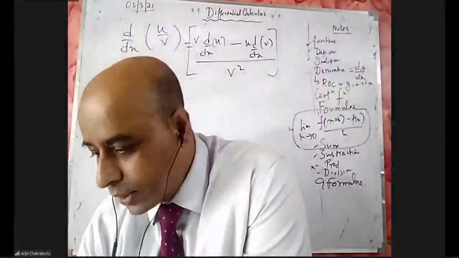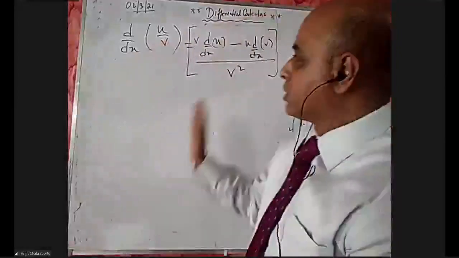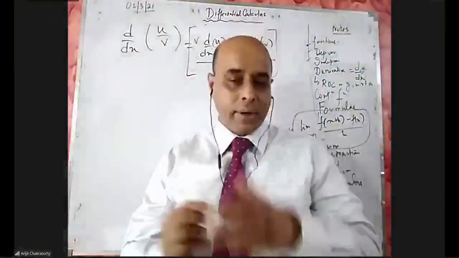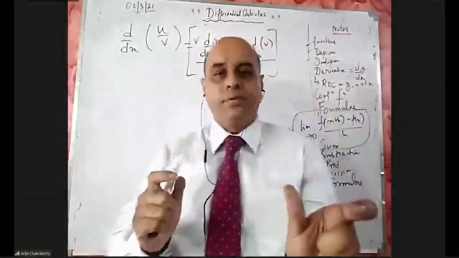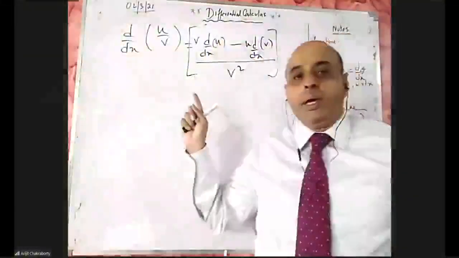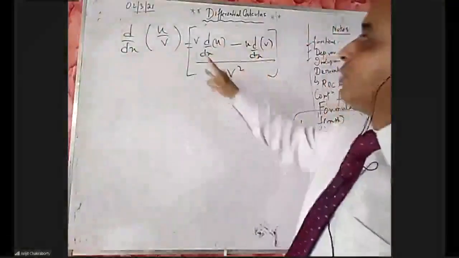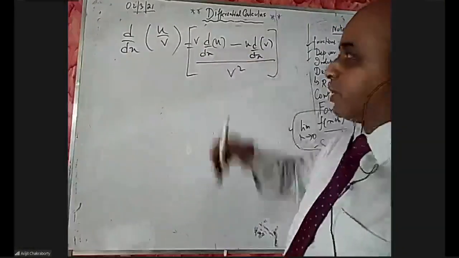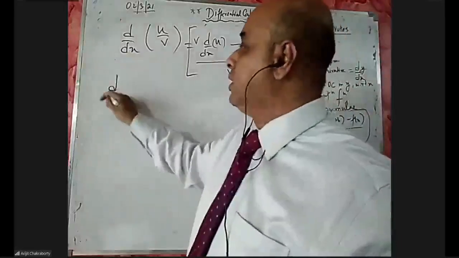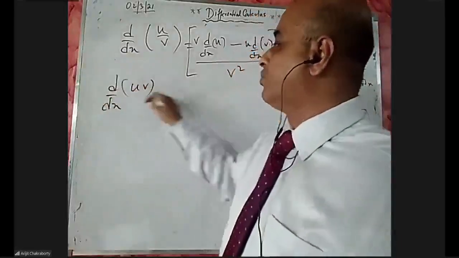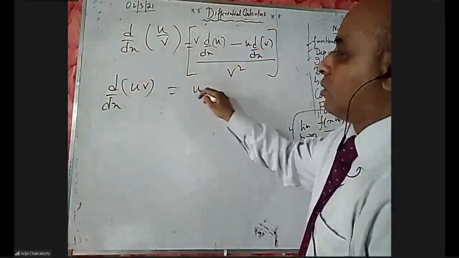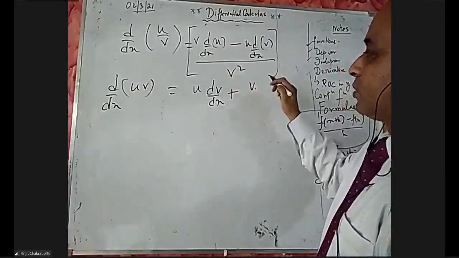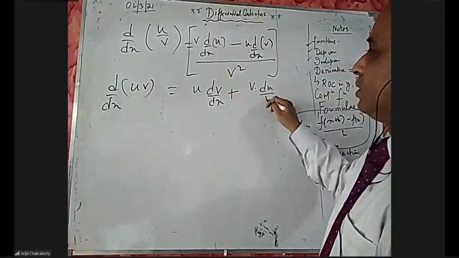Now let us see some examples. Please remember the fundamental difference between the product formula and the division formula. In the division formula, we target the first expression. But in d/dx of uv, we kept u outside and did dv by dx, plus we kept v outside and targeted du by dx.